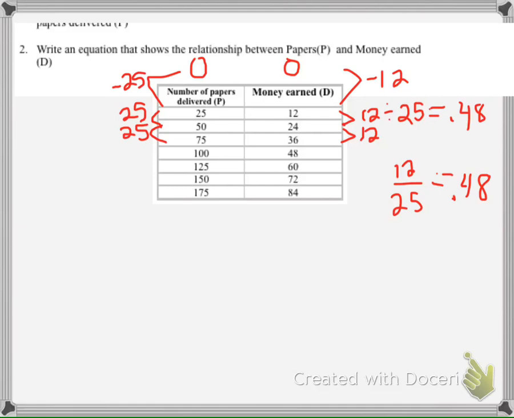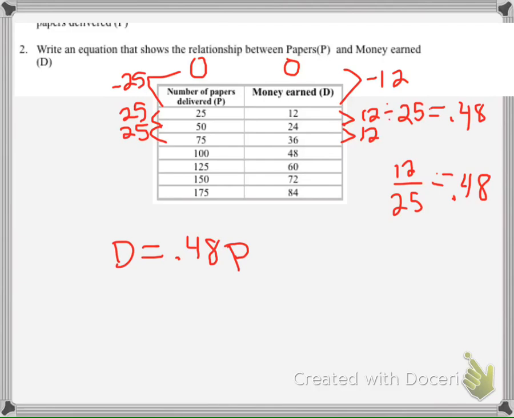Now to write the equation, they want us to use P for papers and D for money earned. So D is the y side, so I have D equals, and then my slope, which is 0.48, and then P for papers delivered, and then my y-intercept, which is 0, but I'm not going to write that.